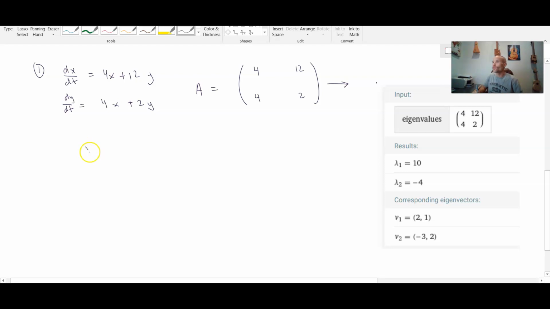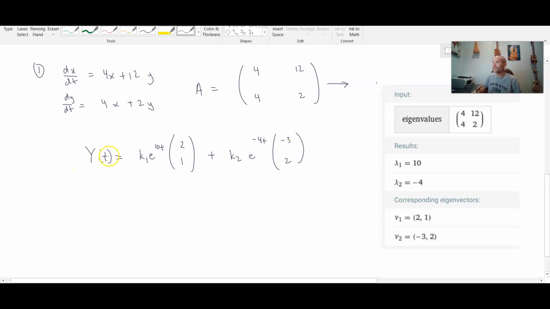So we know that the solution can be written as the Y of t vector equals k1 e to the lambda 1 t, which is e to the 10t, times v1, which is the vector 2, 1, plus k2 e to the -4t times v2, which is -3, 2.